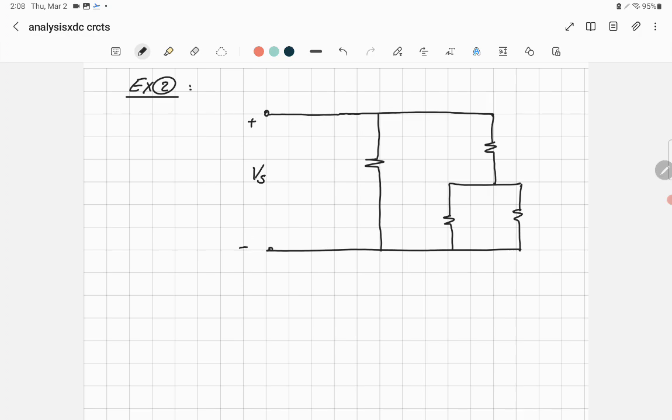That's Vs, node A, node B, and that's a resistance.